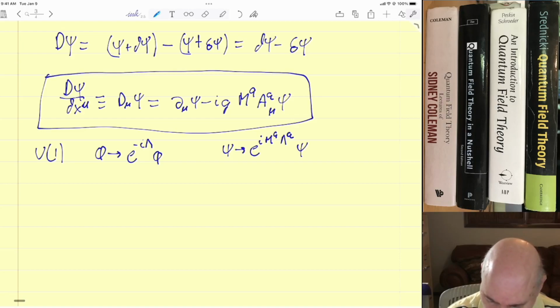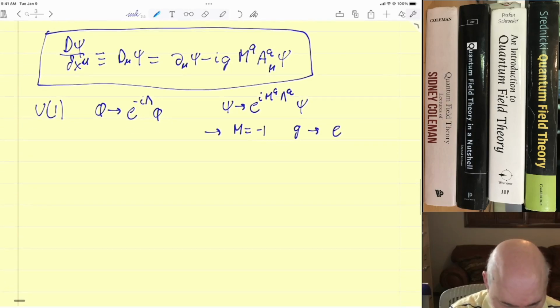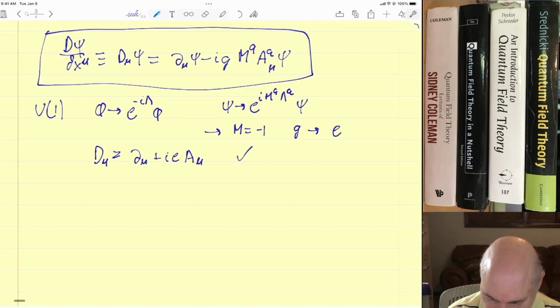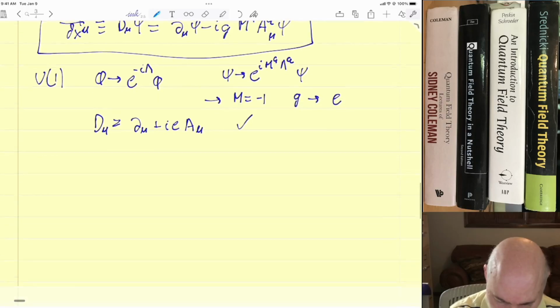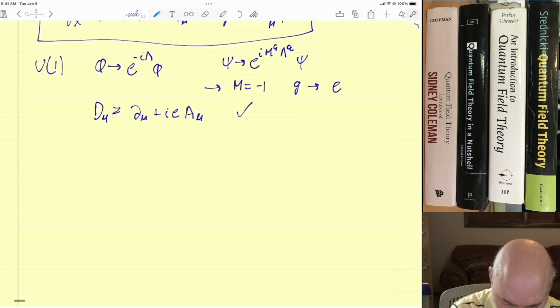So what we see is the only difference is a sign, and here we're working in one dimension, so this implies, at least for U1, M is just equal to minus 1. And we can replace g by e if we're dealing with electromagnetism. So now we get that D mu is equal to the partial of mu plus i e A mu. And that's what we wanted. Notice there's no internal index because we're just dealing with a one-dimensional thing. Now let's do SU2.